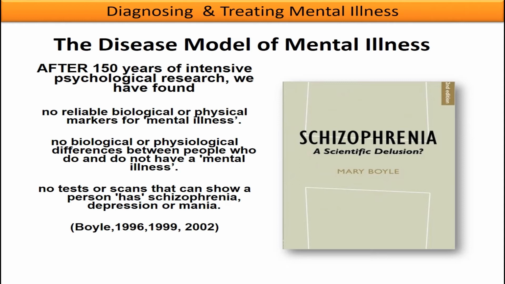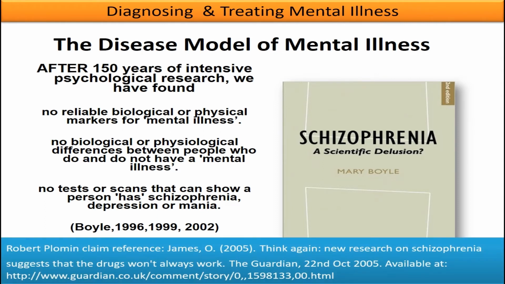However, this is controversial. Many psychologists claim that there are biological causes to mental illness, and many psychologists claim that these things have been found. I'll just give you the reference to the Robert Plomin material just there.